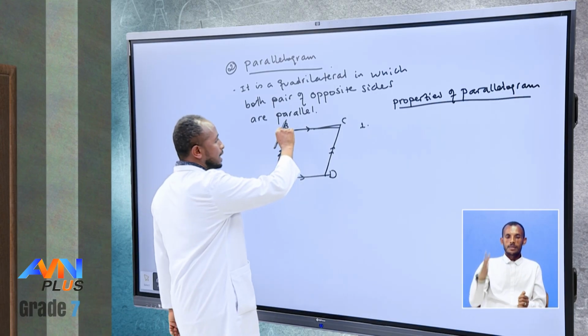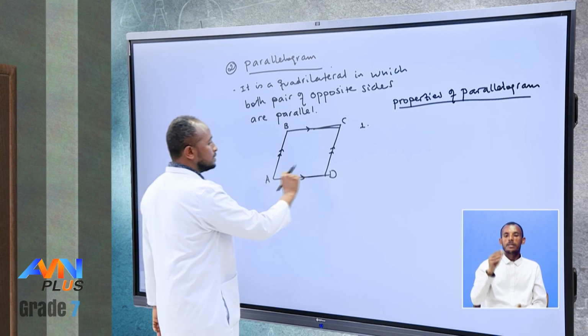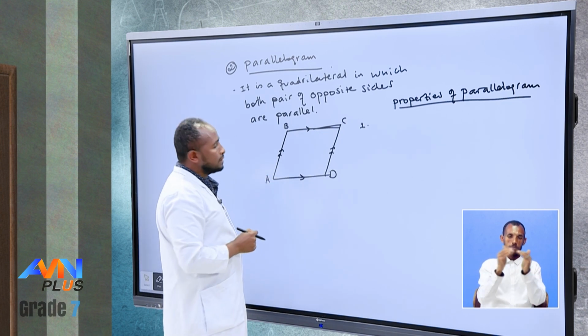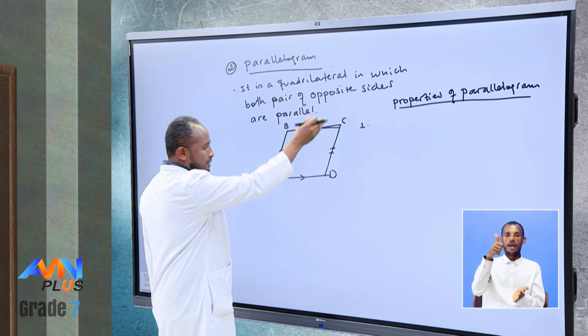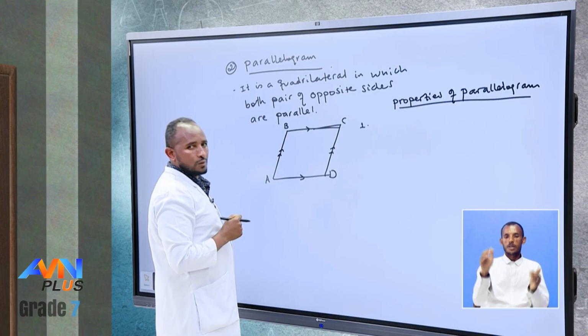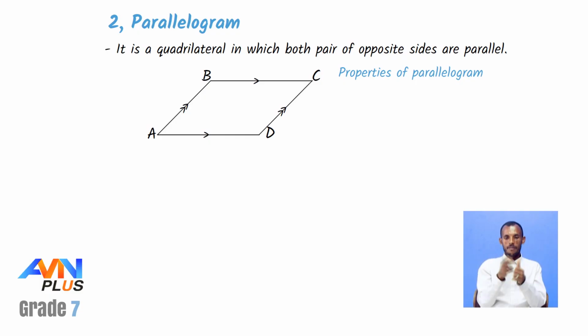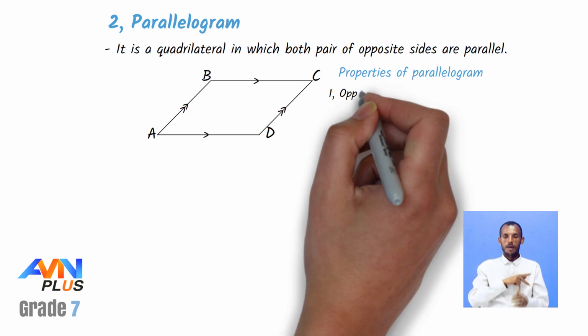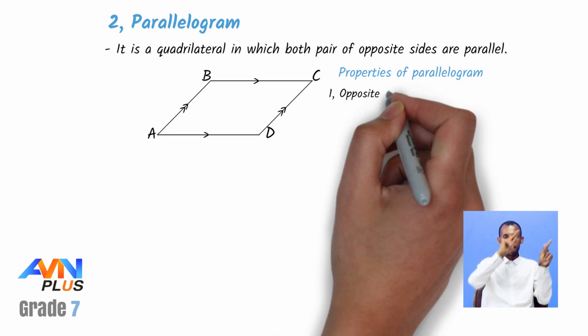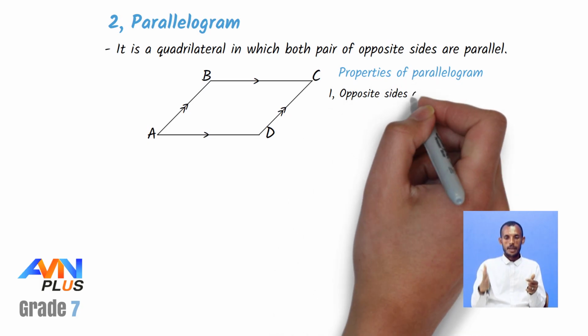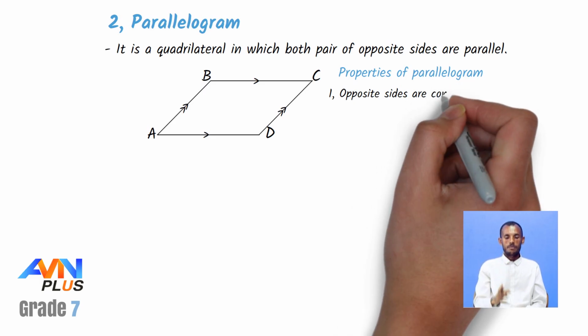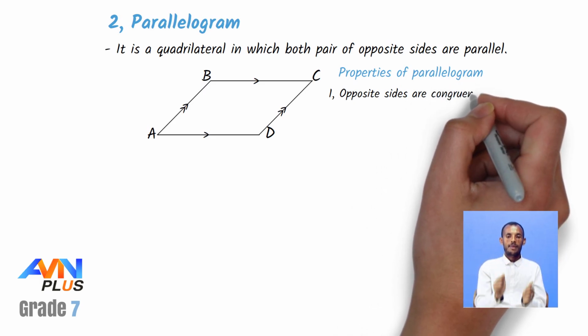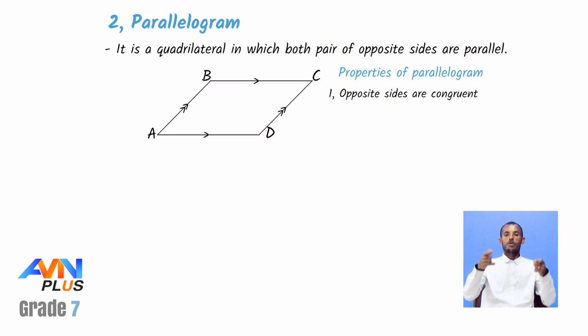The side lengths of sides BC and AD are equal. Again, AB and DC are also equal. So the first property of a parallelogram: opposite sides are congruent. The opposite sides of a parallelogram are congruent.